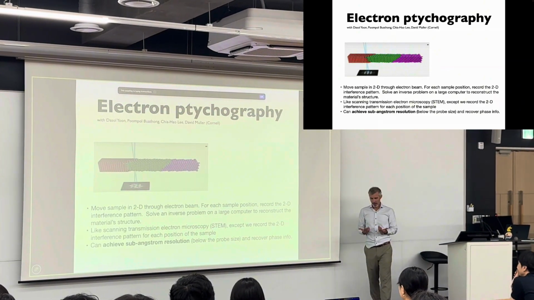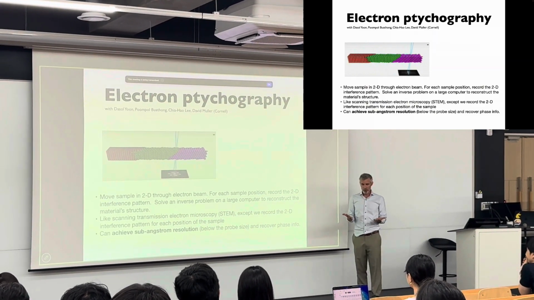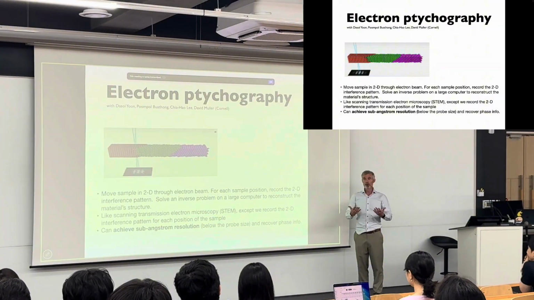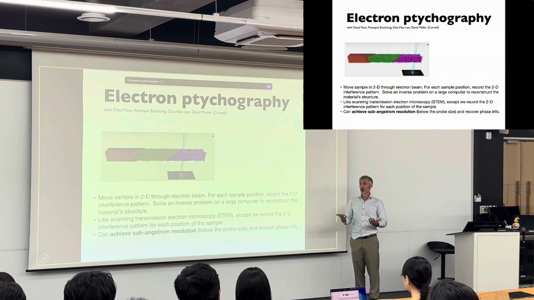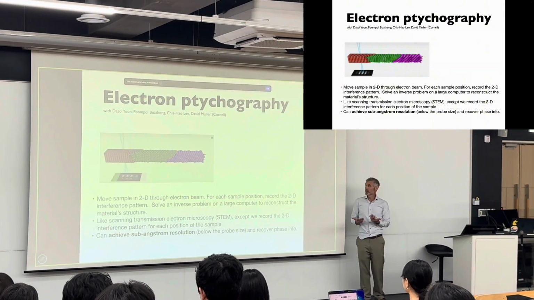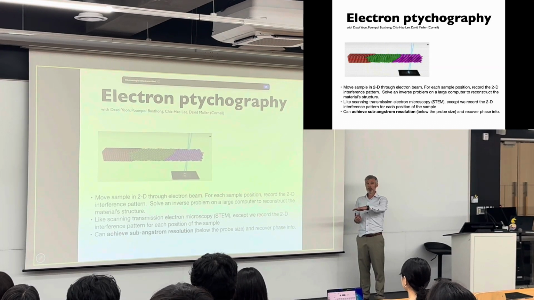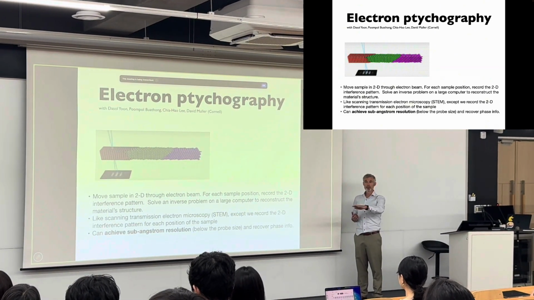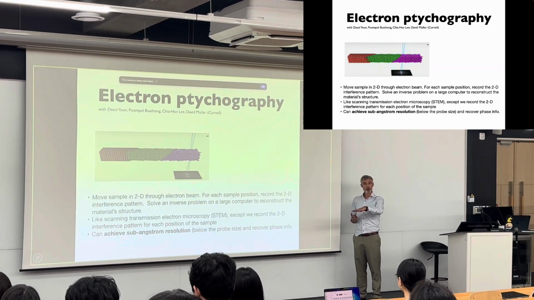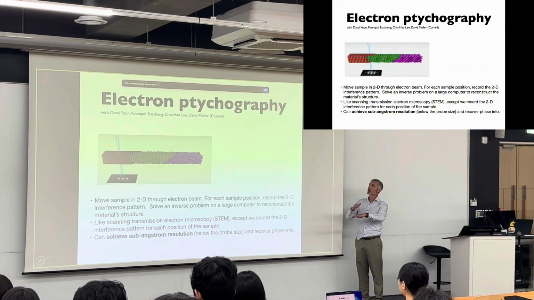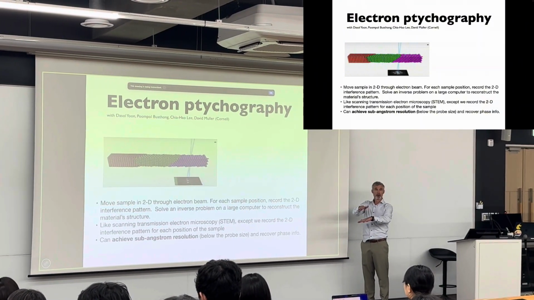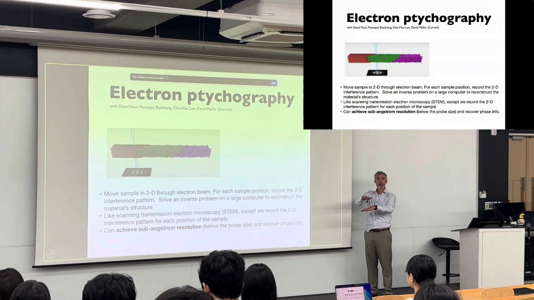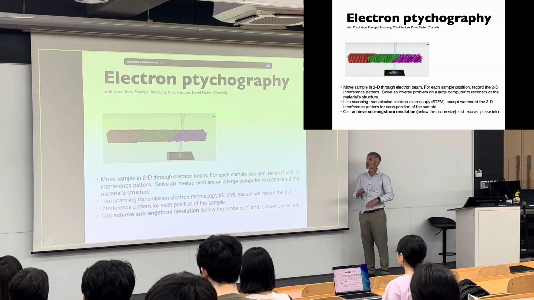The challenge that they have is there are some key parameters that are difficult to do gradient-based optimization over. In particular, the X tilt, the Y tilt of the sample relative to the electron beam, and also the thickness of the sample.